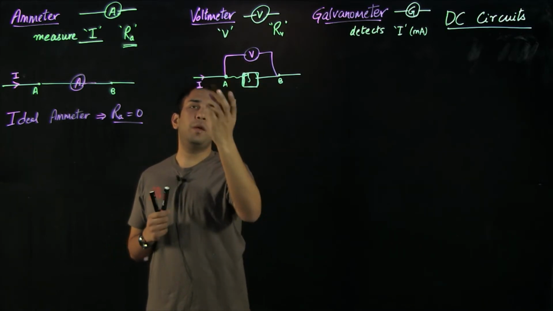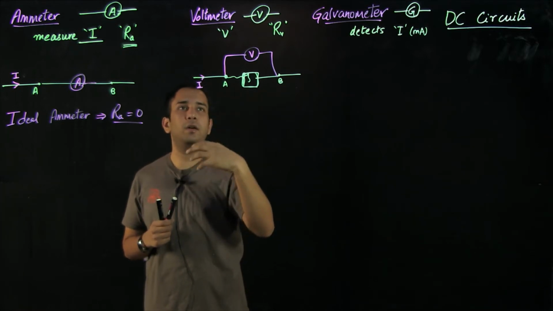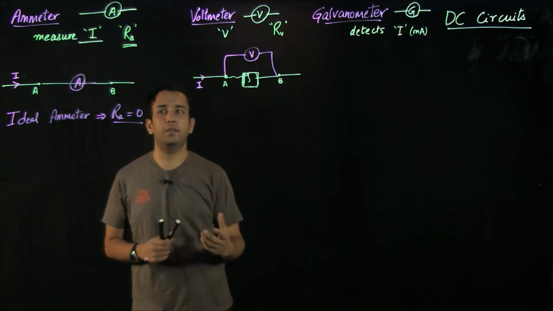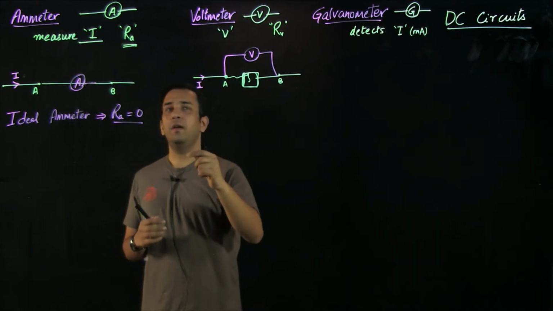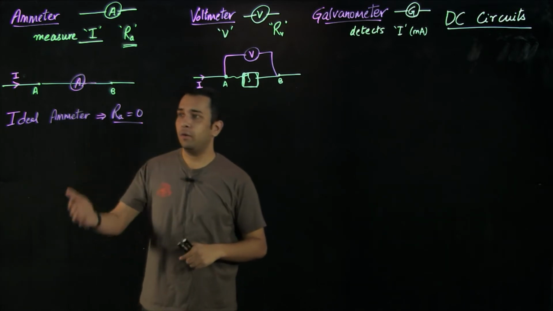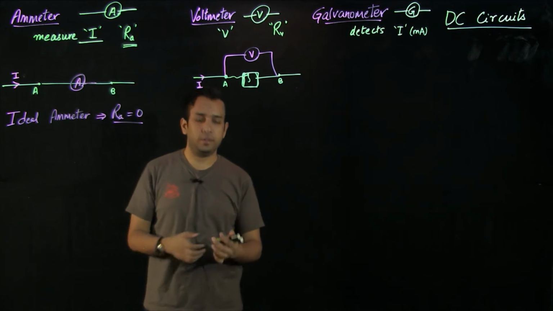So the current which would be going through this resistor and giving a potential difference would tend to change if we are just introducing a voltmeter with some finite resistance. So we need that the current should not enter into this branch, while in case of an ammeter, we needed that the current should always flow through that branch without any resistance.